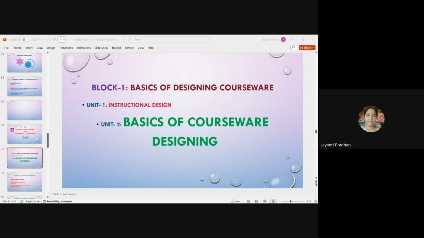So these are the ACTIONS, in short form or acronym. It will help us to select the media.